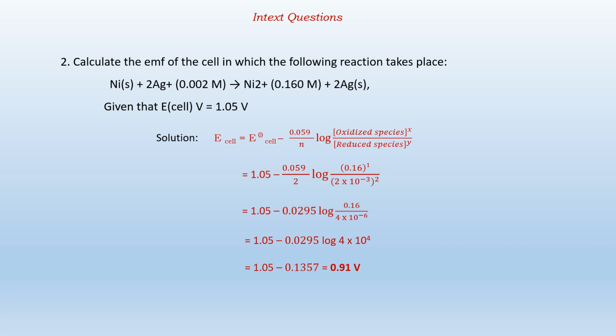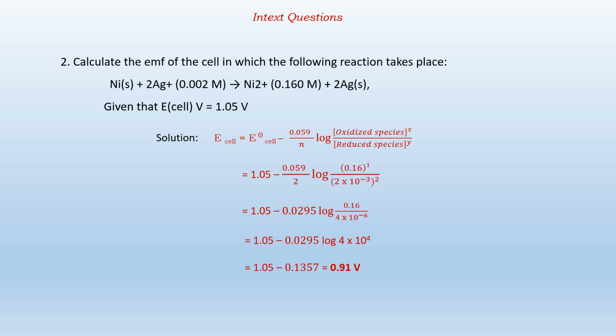See, the silver ion has a lower concentration than the nickel. The cathode compartment is supposed to have a higher concentration or at least equal concentration. If it were 0.16 molar, then both concentrations would be equal and the cell potential would be equal to the standard cell potential.